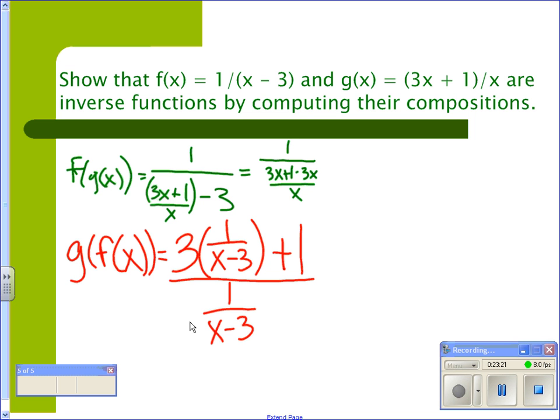Do you agree? The 3x is canceled, so we're left with 1 over 1 over x, which is x. Does that make sense? 1 over 1 over x is the same thing as 1 times x over 1. You flip.